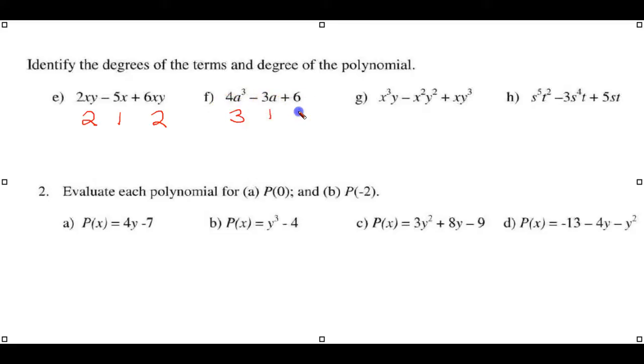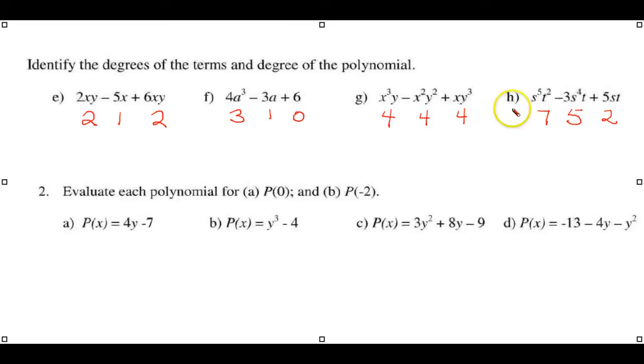This is 1. This is 0. This is 4. This is 4. This is 4. This is 7. This is 5. And this is 2. So those are the degrees of the individual terms.